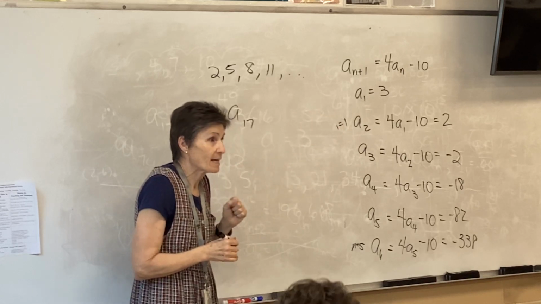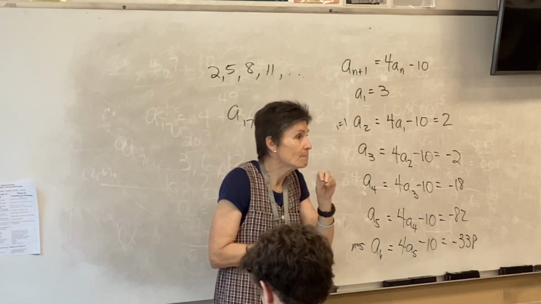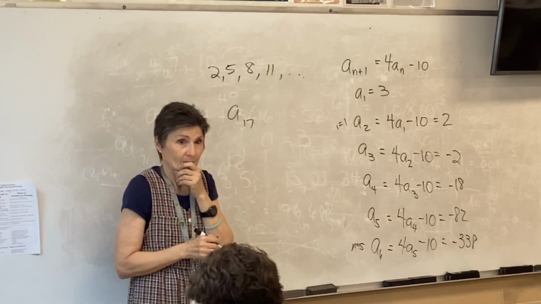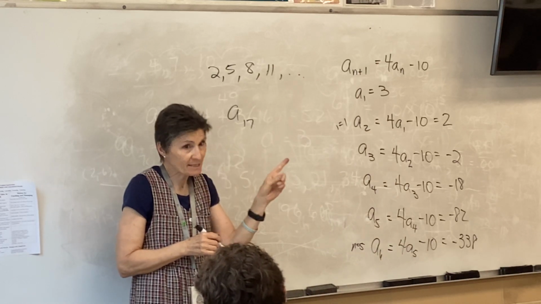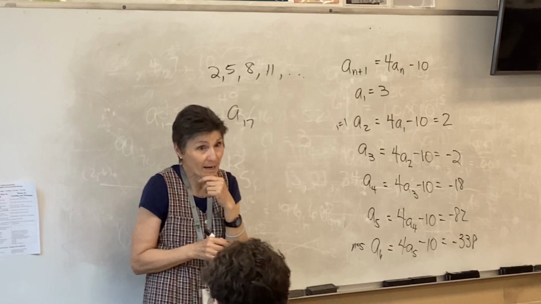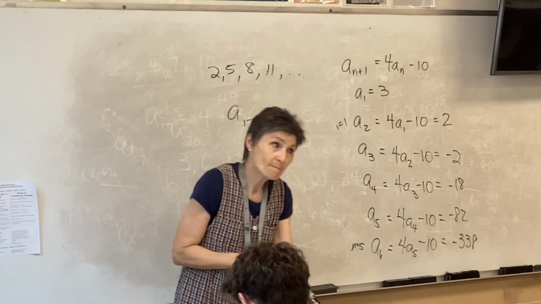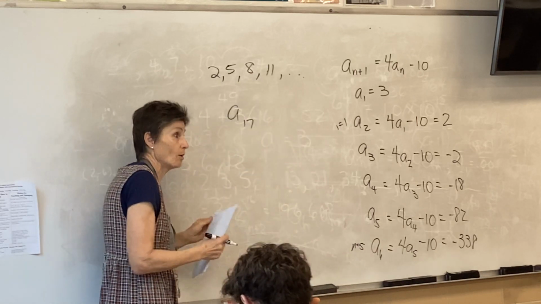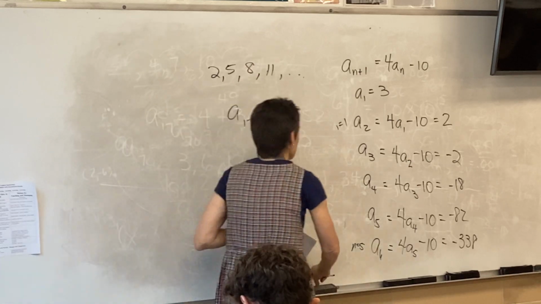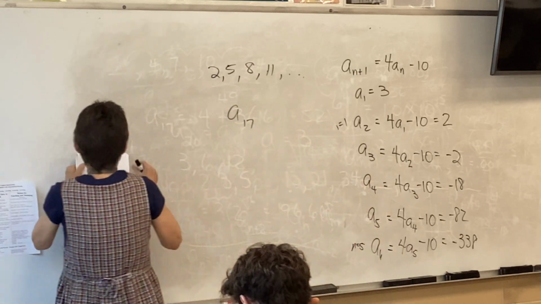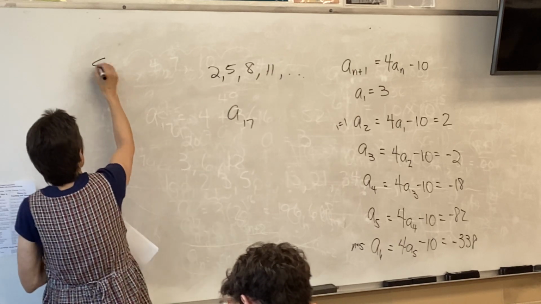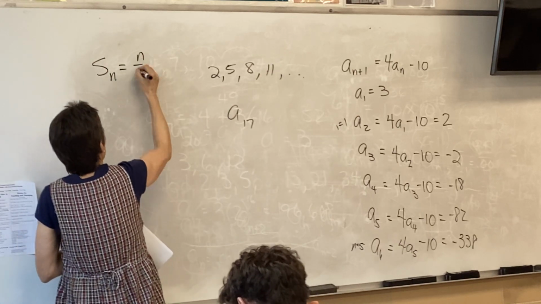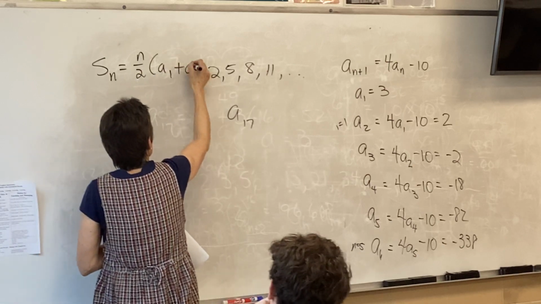But what if I said, how much is in my bank on the 17th day? Then I don't want to just list them. I want to add them all up, right? So we've got formulas that do that. They're called the summation formulas or the series formulas. So you'll see up here at the top, I've prepared you for some equations. So here are the equations.